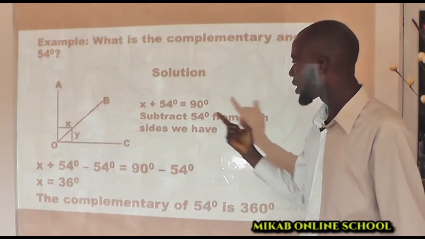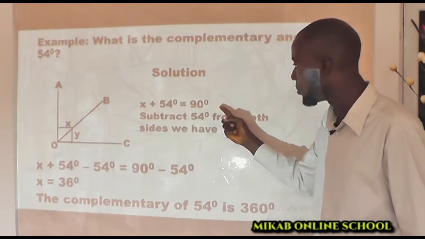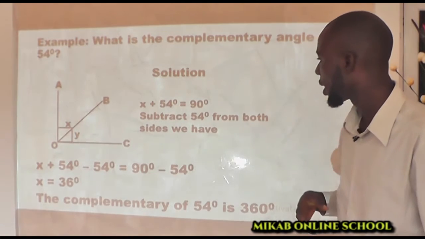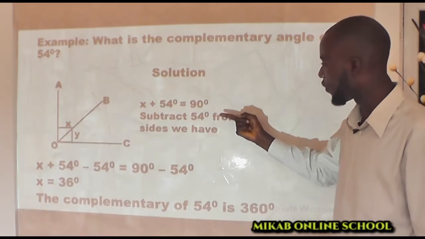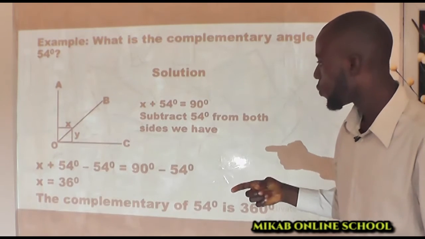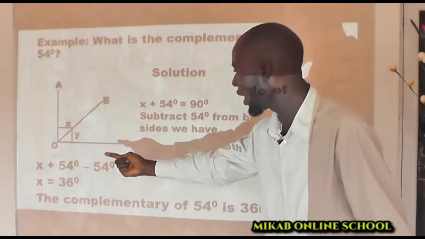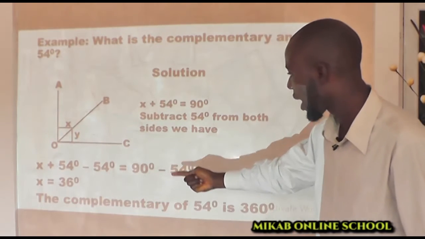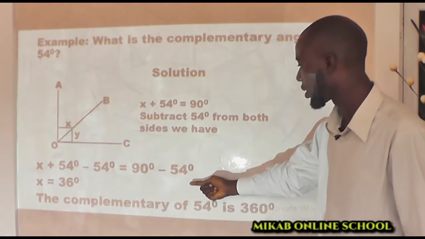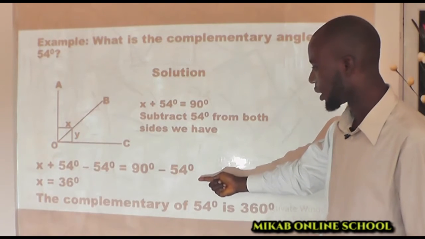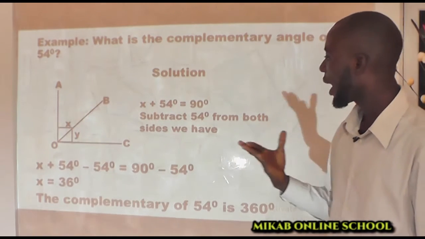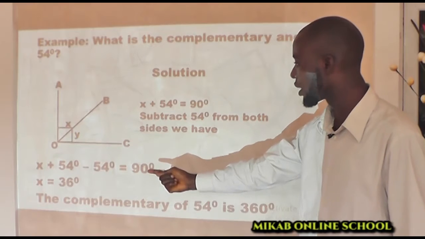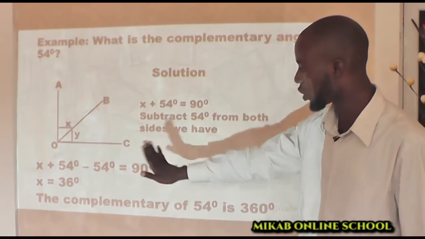And we are going to subtract this 54 from both sides. So we are going to have x plus 54 minus 54 equals 90 minus 54 degrees. If you subtract 54 degrees from 54 degrees, the result will be 0.